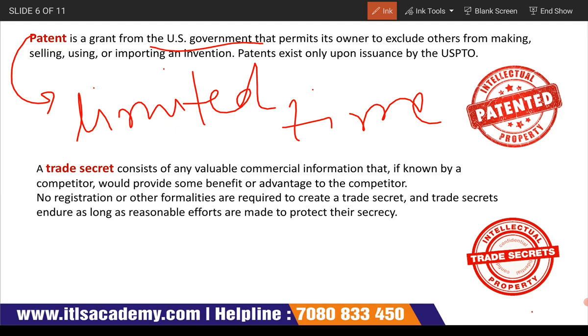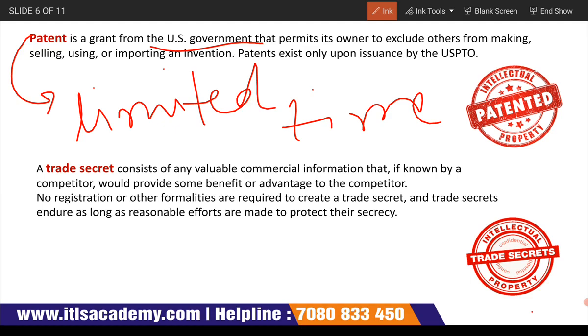In general, to qualify as a trade secret, the information must be commercially valuable because it is a secret and be known only to a limited group or person. If I give you an example of a trade secret, the secret formula for Coca-Cola, which is locked in a vault, is an example of a trade secret. That is a formula or a recipe.